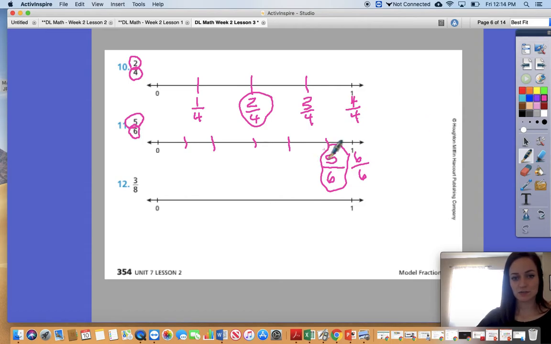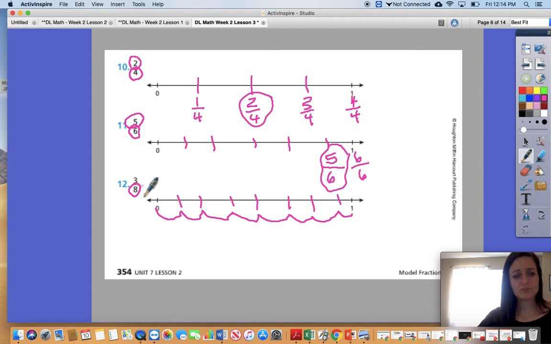Okay, next one. 3/8. Okay, I look at my denominator. It tells me how many pieces I need to break my whole up into. 8 is a lot, so remember I'm going to use my trick of cutting them in half, and then cutting each one of those pieces in half. Okay, I have 8. Let's just count, make sure. 1, 2, 3, 4, 5, 6, 7, 8 equal pieces.